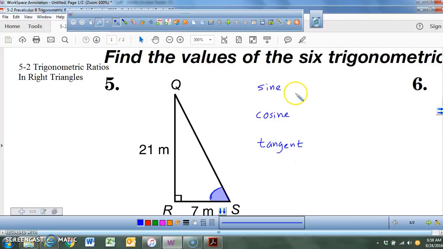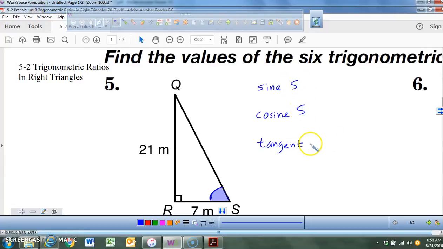Now, the relationship of a sine, if I said the sine of S or the cosine of S or the tangent of S, that's the relationship between two sides in a right triangle. Okay? So the first thing I'm going to do is label some sides.